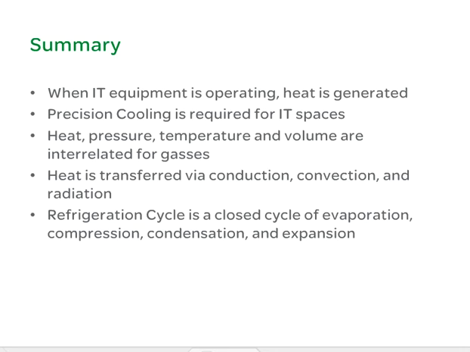Heat is transferred via conduction, convection, and radiation, and it only moves naturally from areas of high heat to areas of low heat. The refrigeration cycle is a closed cycle of evaporation, compression, condensation, and expansion that serves to remove heat from the data center.